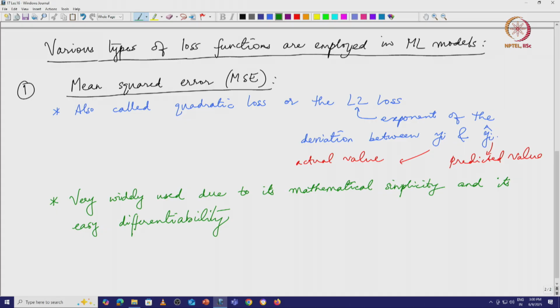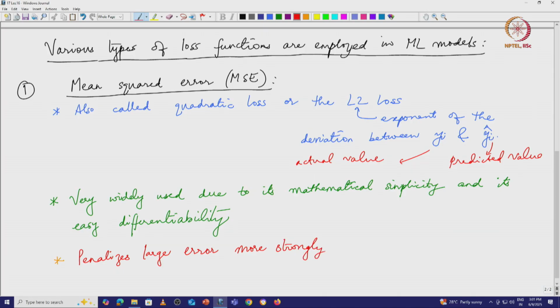You can differentiate the L2 loss very easily. So, that is the advantage. There are also some drawbacks. The drawback is that it penalizes the large errors more strongly.